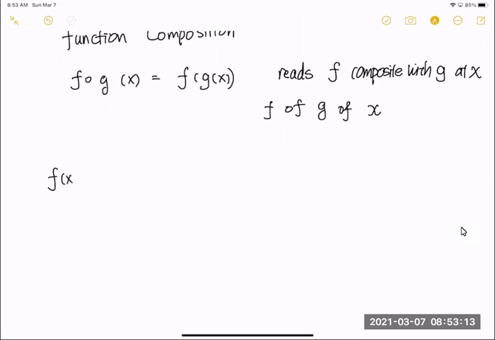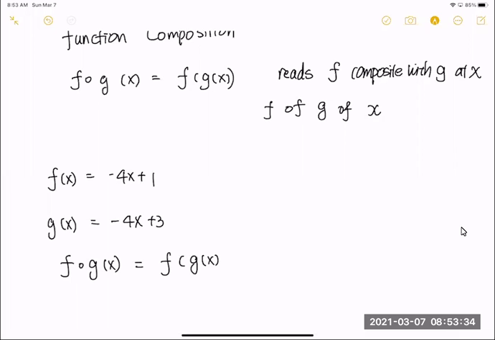Okay, so how to operate this function? For example, I have a function f(x) equals negative 4x plus 1, g(x) equals negative 4x plus 3. Now I want you to find f compose with g at x, which is f of g of x.